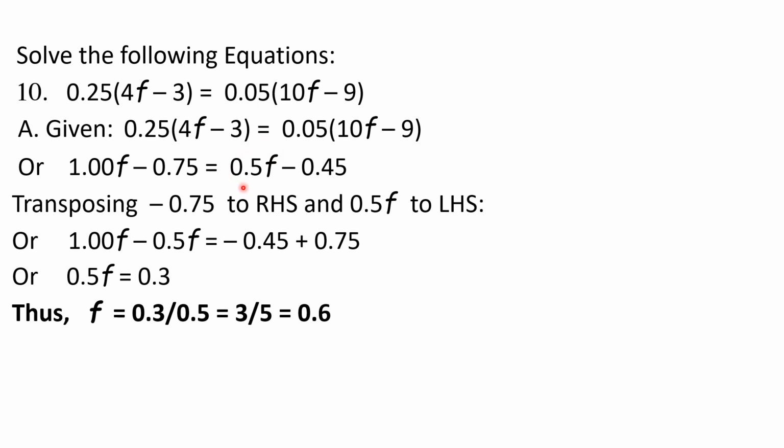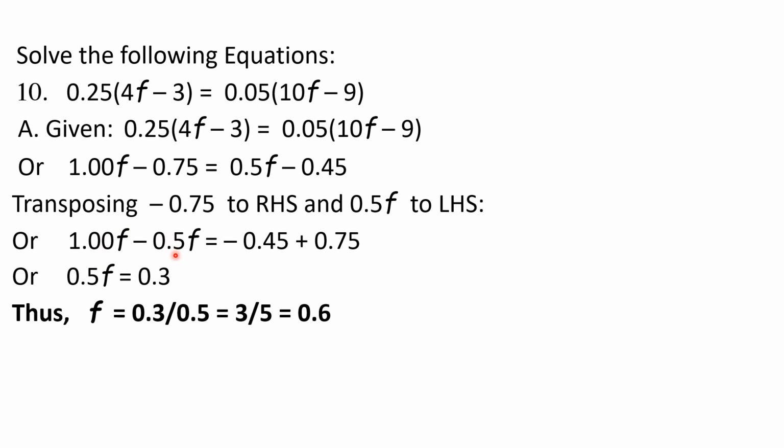Now 0.5f is the variable term and 0.75 is the constant term. So we transpose minus 0.75 to the right hand side and 0.5f to the left hand side. So it becomes 1.00f minus 0.5f is equal to minus 0.45 plus 0.75.